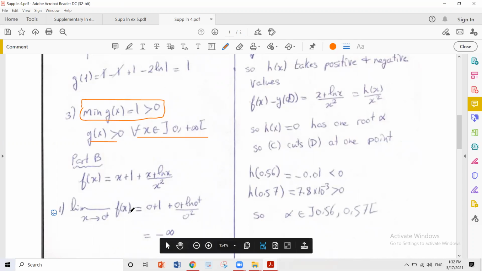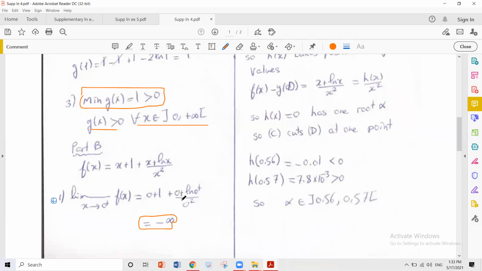We replace each x by 0: 0 plus 1 plus 0 plus ln 0 plus over 0 square. Ln 0 is minus infinity, over 0 plus is minus infinity. So the limit as x tends to 0 plus of f of x equals minus infinity.